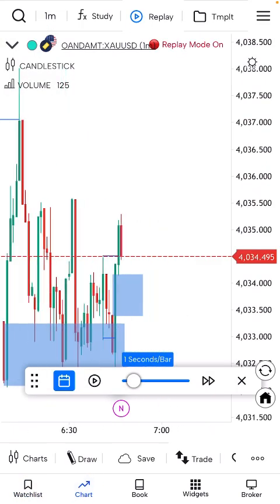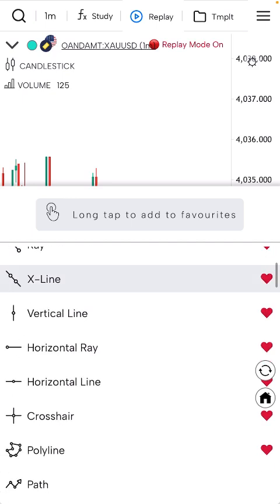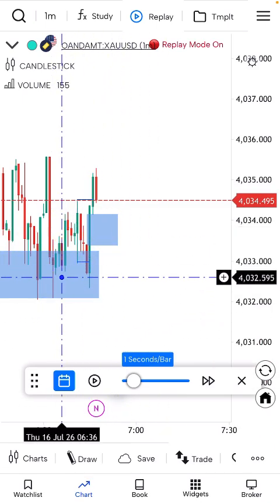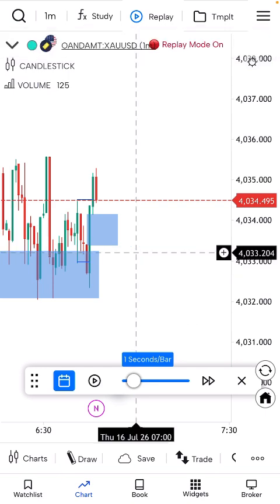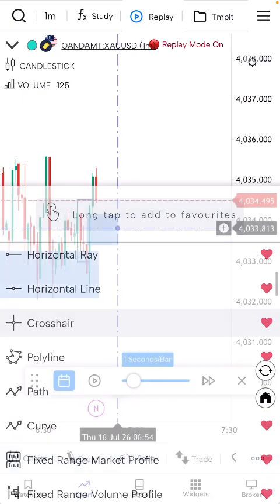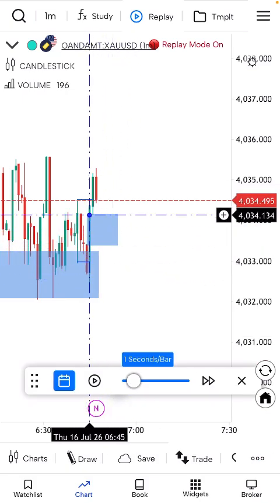Okay, so now I had two confluences. I was sitting in a 15-minute order block, and I was also sitting in this 1 minute order block. And then I have another order block created there with a fair value gap.